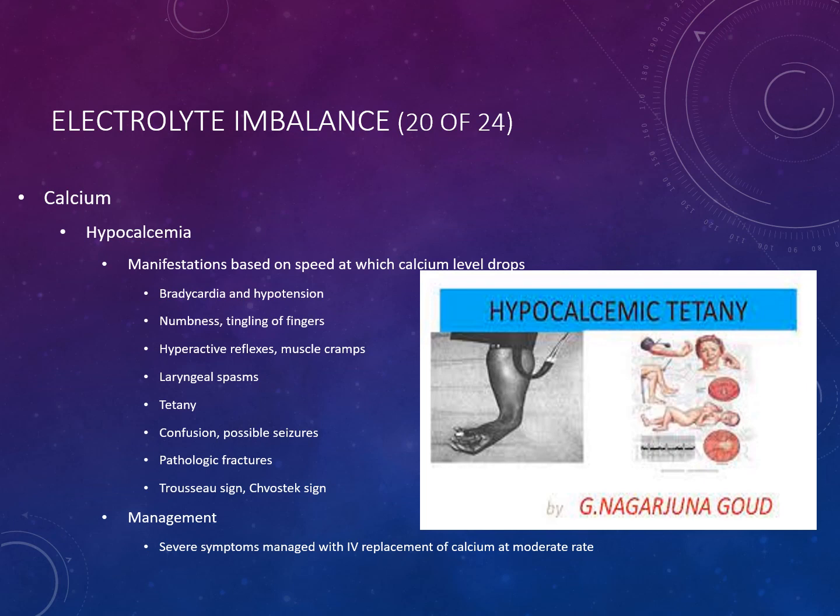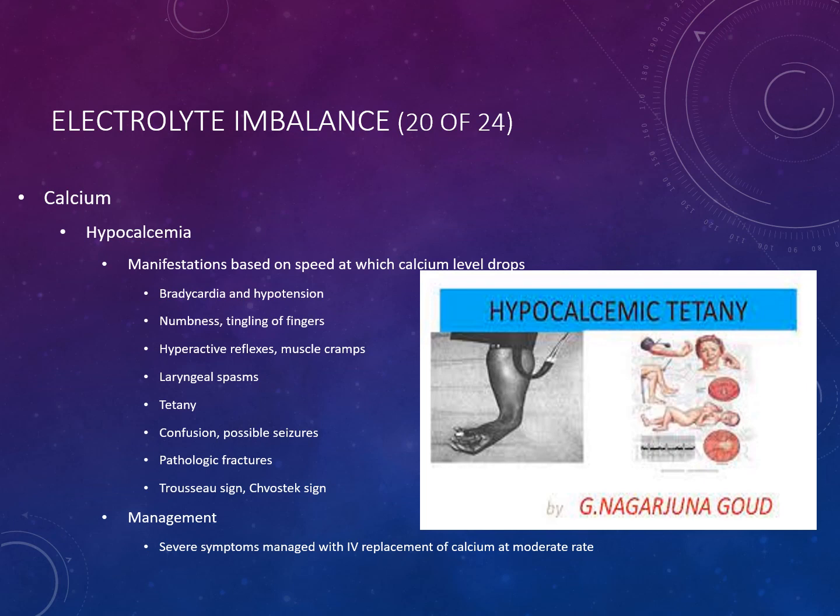So when you put the blood pressure cuff on, the hand may jerk a little bit. Patients may exhibit the Trousseau sign and Chvostek sign, in which case an IV replacement of calcium is indicated.